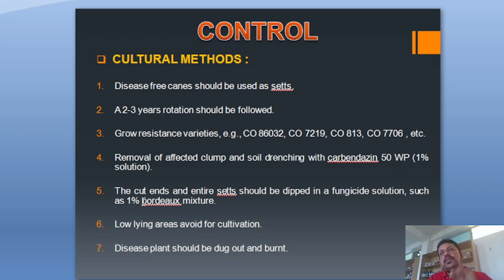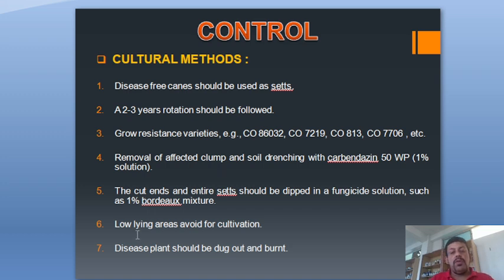If we increase the concentration to control the particular pathogen, it may directly affect our food chain. Understood? So that is a very interesting point. We have to always be very clear about the concentration when we are using any type of fungicide.